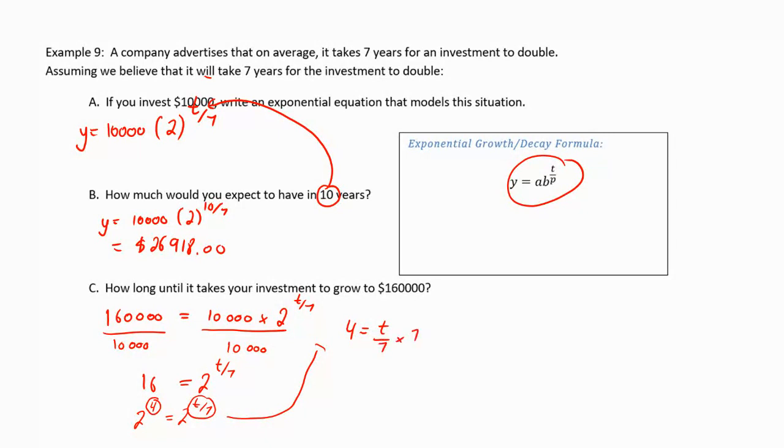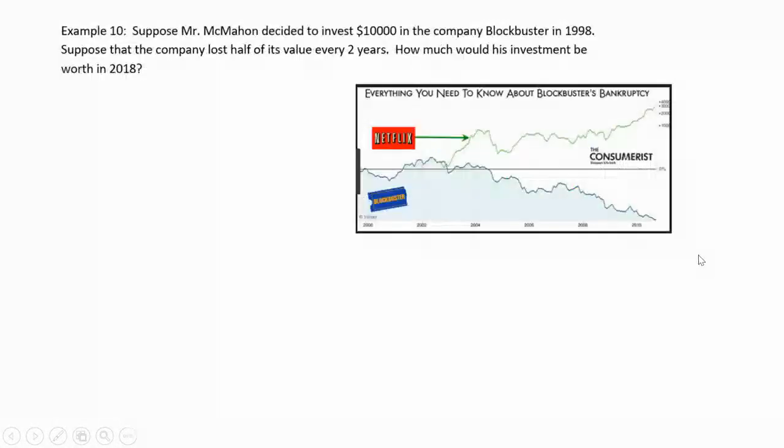So we multiply both sides by 7 now. We get an answer of 28 years equals t. Okay, so this is more of the exponential growth financial planning questions.